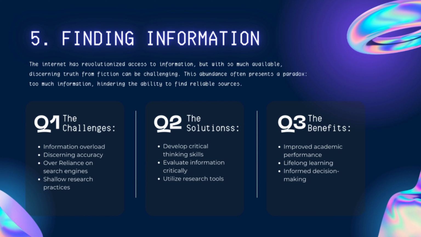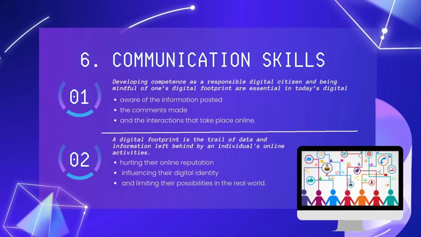By addressing these challenges and equipping students with the necessary skills, we transform them from passive consumers of information into active and responsible researchers. This empowers them to navigate the information maze confidently, becoming successful learners and informed citizens in the digital age.